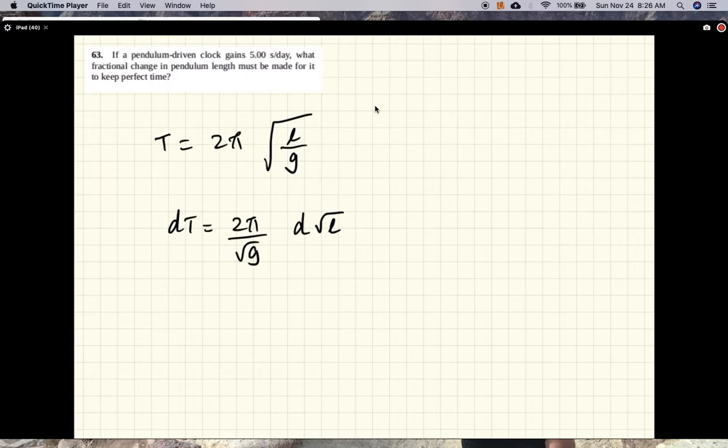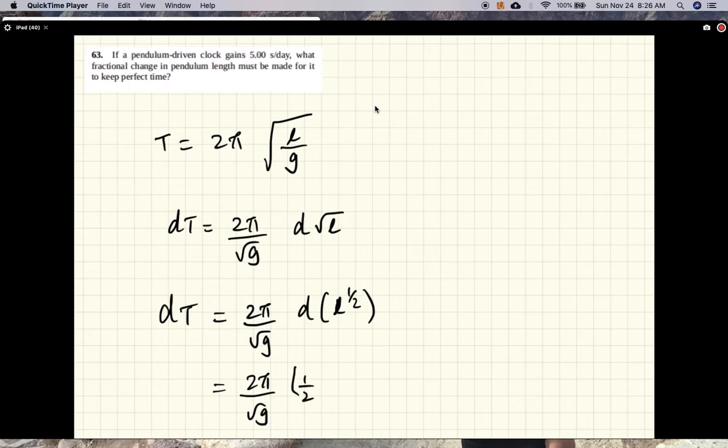So dT is equal to 2 pi over square root of g, and d of L to the power half is 2 pi over square root of g times 1 half L to the power of minus 1 half dL.